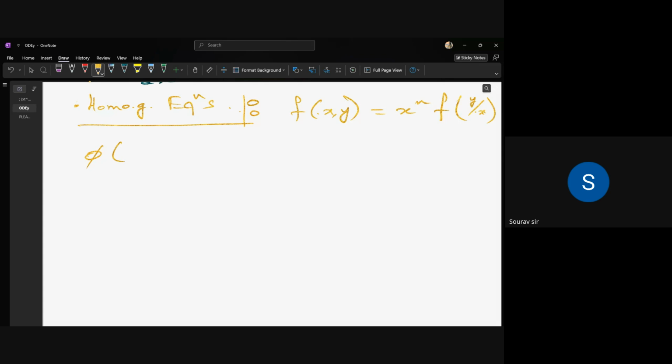Let us take phi(x, y) as x to the power 4 plus x square y square plus y to the power 4.